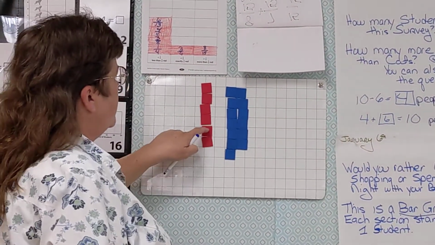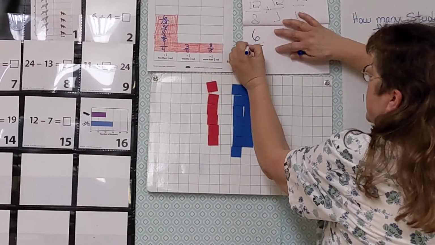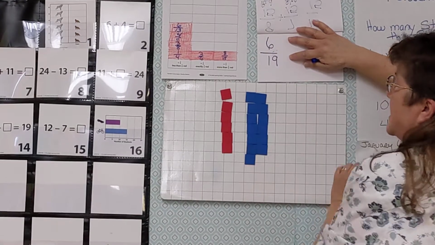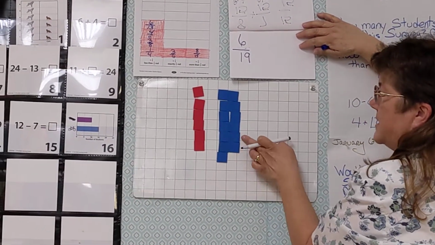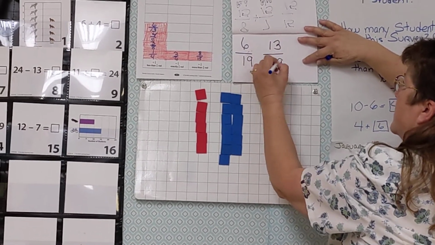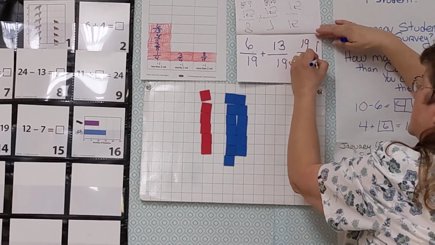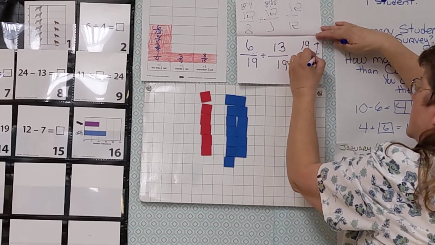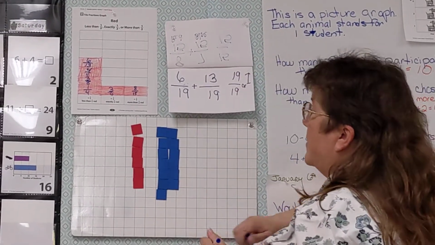So we have 1, 2, 3, 4, 5, 6. 6 out of 19 are red. And 2, 4, 6, 8, 10, 12, 13 are blue. Remember, this is the numerator and this is the denominator.